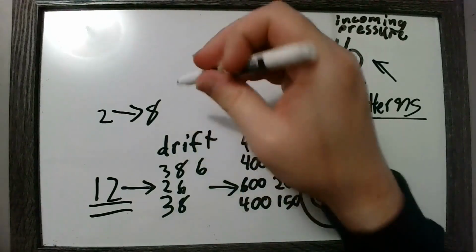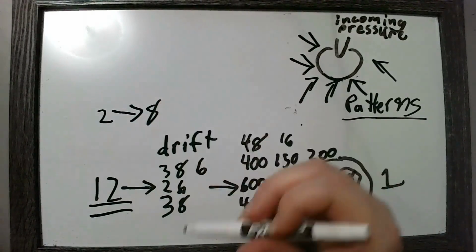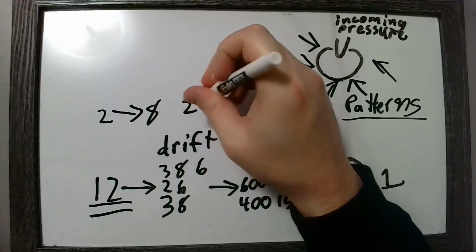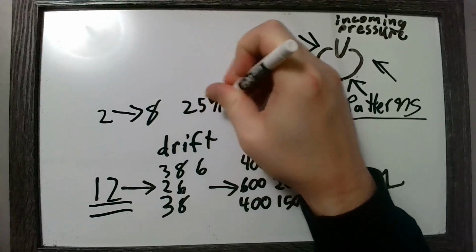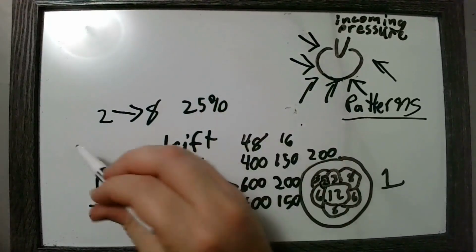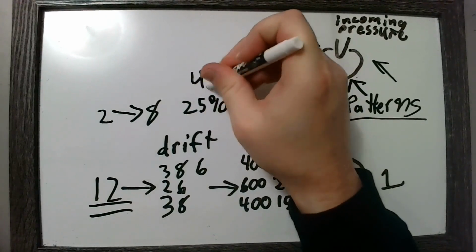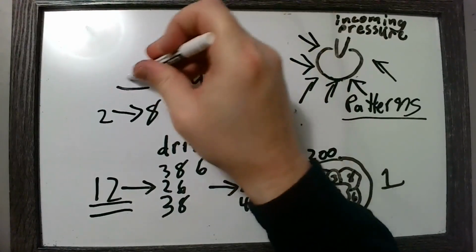For now, we'll look at a smaller number compared to a bigger number in this one, and notice that's 25%, which means that there's going to be resistance going at 4 times this way, right?